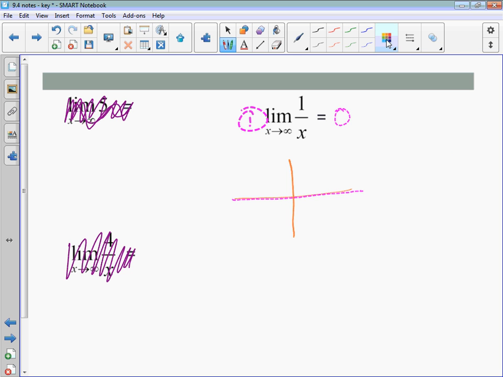All right, let me just write another one for you. Let's do the limit as x approaches negative infinity of 3x squared minus 2 over 2x squared plus 1.